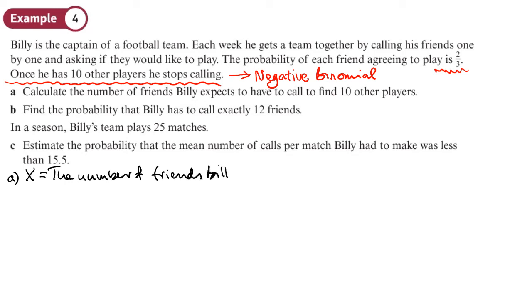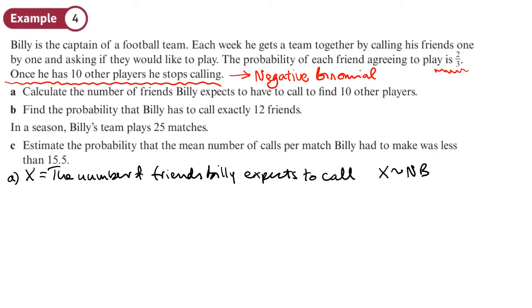So whenever we set a random variable, it's normally the number of something, isn't it? Then we say, right, this x is a negative binomial, so just put negative binomial NB.